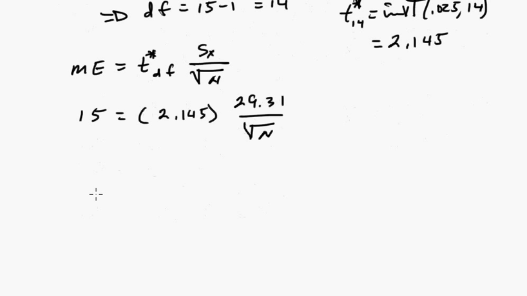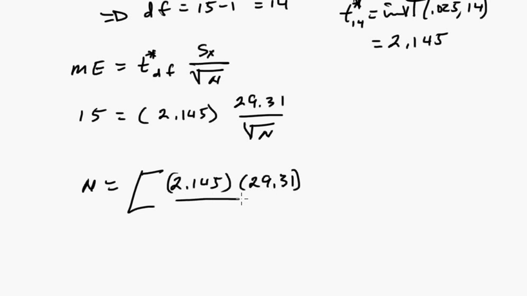So if we solve for n this time, we get n equals 2.145 times 29.31 divided by 15, squared, and that comes out to be 17.56.